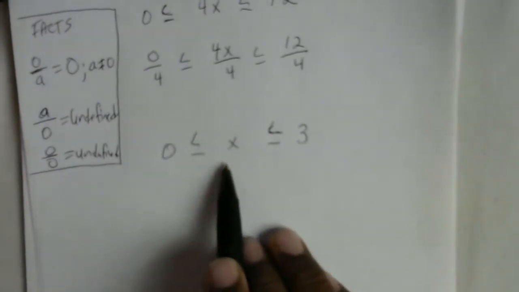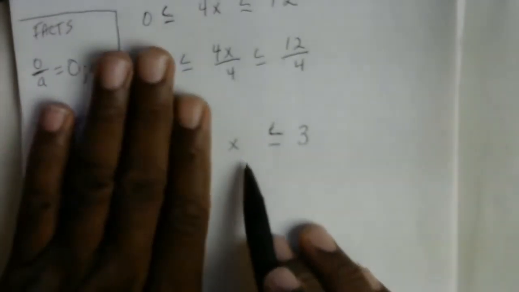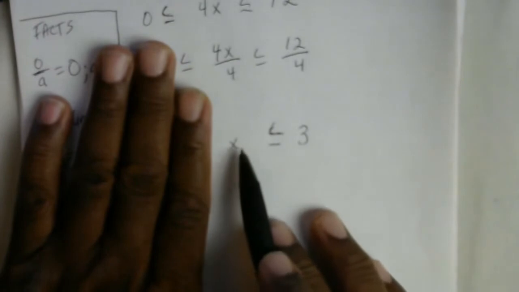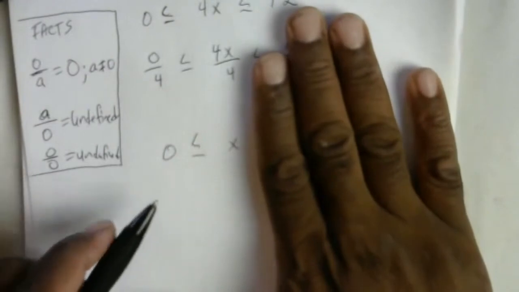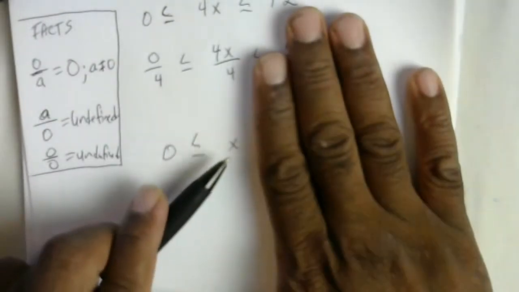So since this is a compound inequality, we're actually given two inequalities in one statement. So normally when we write out our inequalities, the variable is on the left, right? However, if I look at the first part, my variable is on the right.